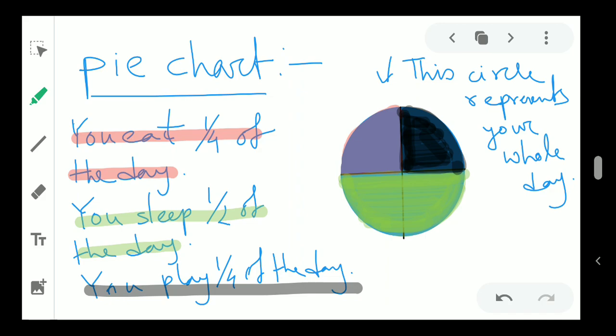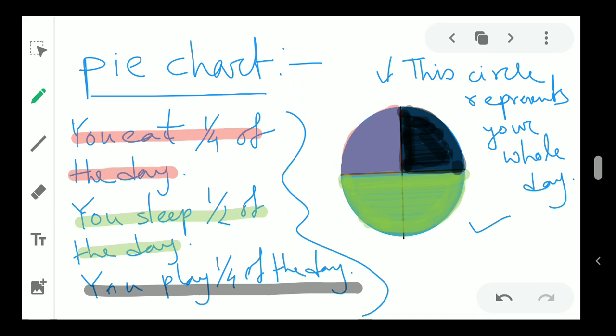With this, if you forget about the writing, or close it with your hand, just looking at the circle you can say that out of 4 pieces, which represent the whole day, I have slept half of the day, I have eaten 1/4 of the day, and I have played 1/4 of the day.